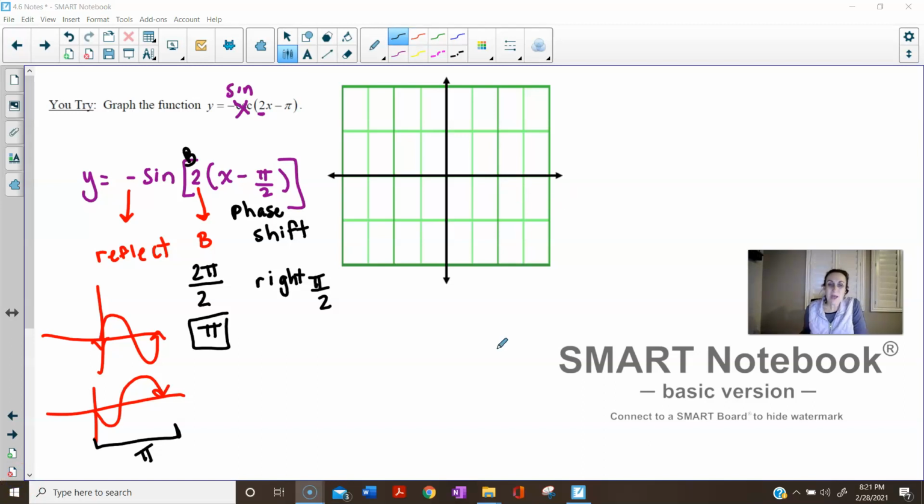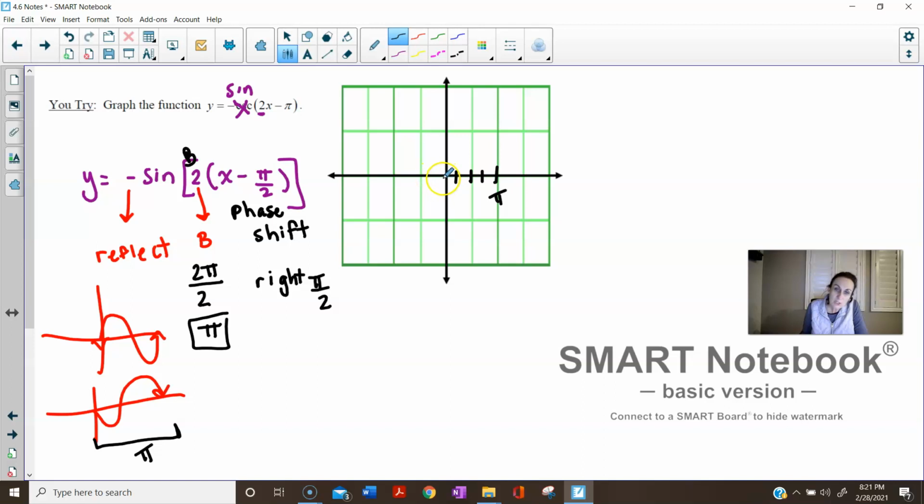So let me show you how this works. The first thing I would do is ignore the phase shift, and I would worry about the reflection and the period. So from 0 to pi, you're going to get a down and under, up and over. So you're going to have to break, here's the middle, and then there's the middle of that at pi over 4, and then at 3/4 pi.